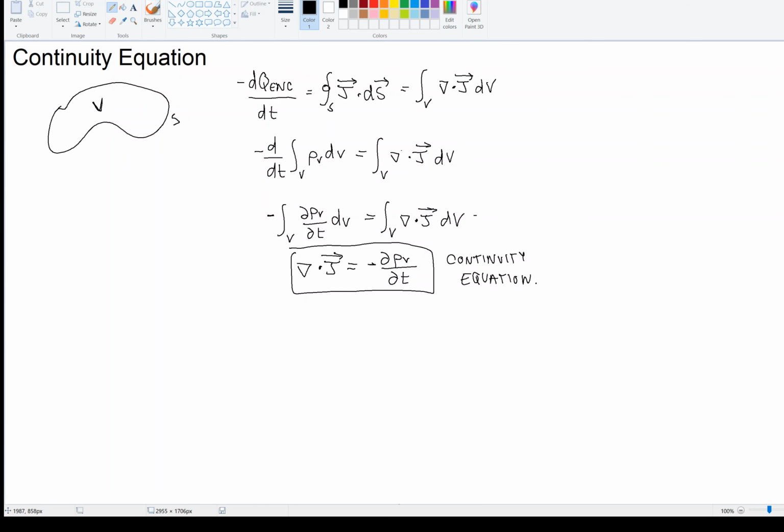For steady currents, for which the rate of change in the charge density is 0, the divergence of J is equal to 0. And this is again for steady currents.